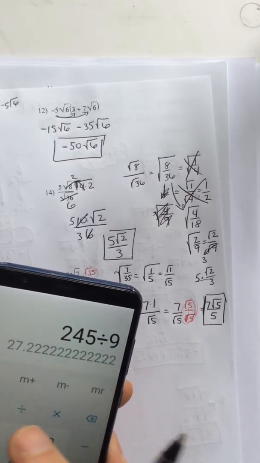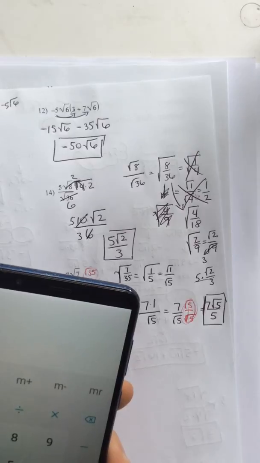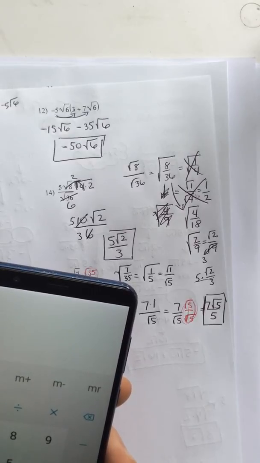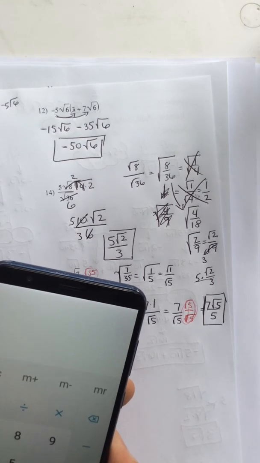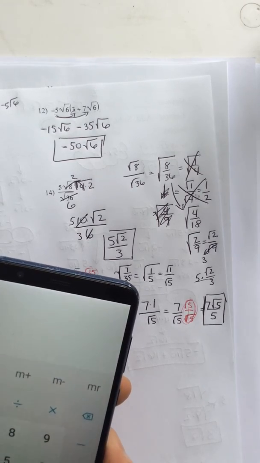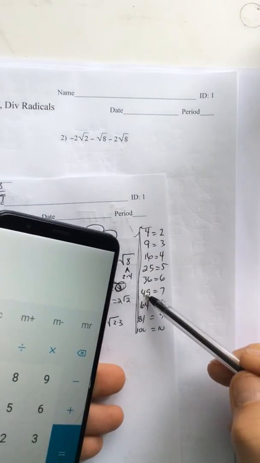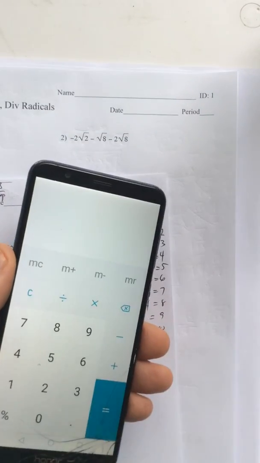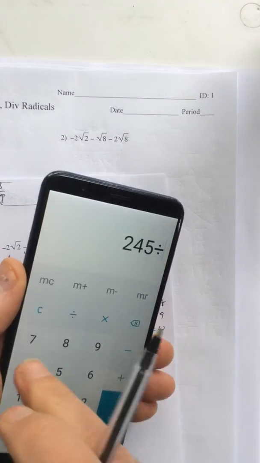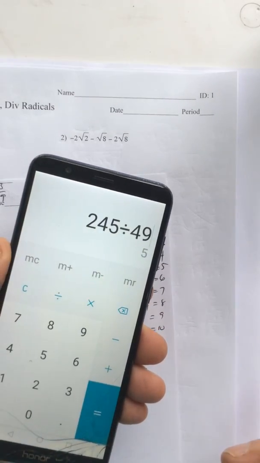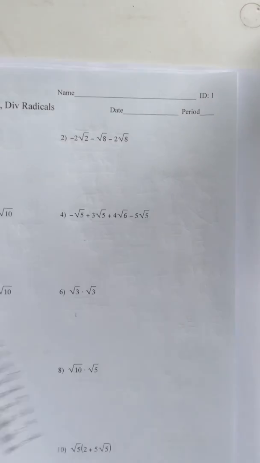So 9 is not going to cut it. 16 is not going to go in there. The next one would be 25. It's not going to go in there. 36 won't either. So going down the list in my head, I'm going to try 49. 245 divided by 49. Okay, sure enough, that's 5.